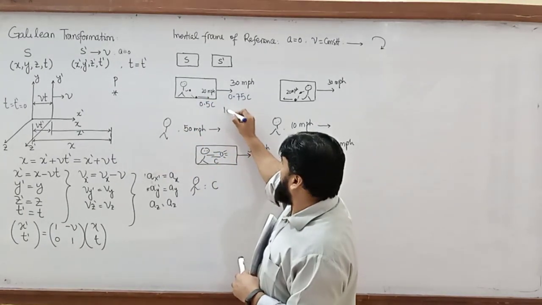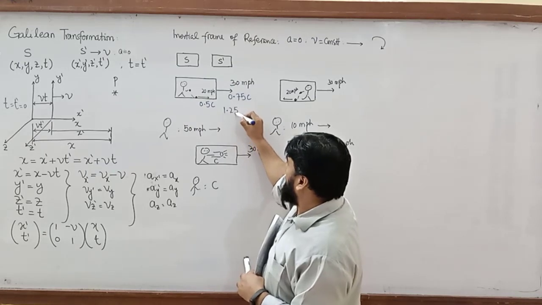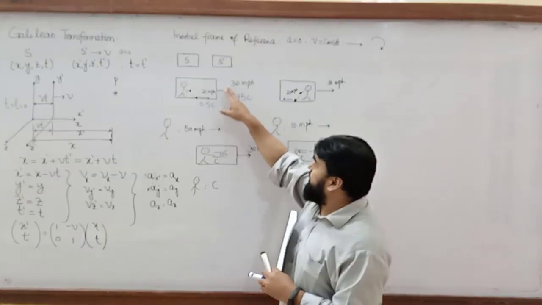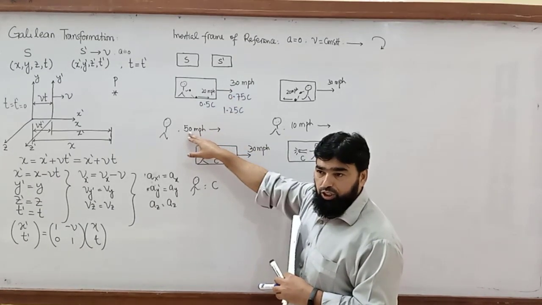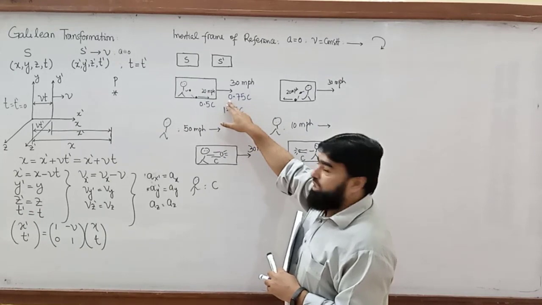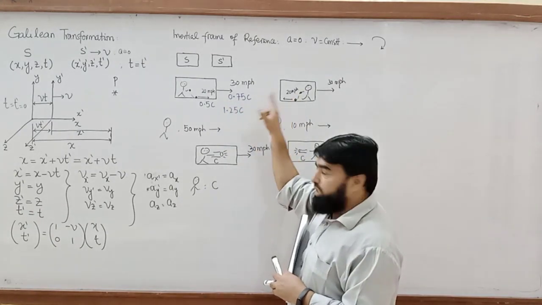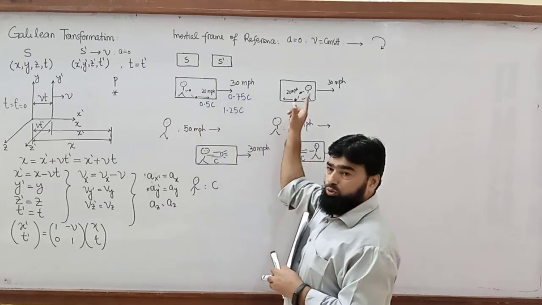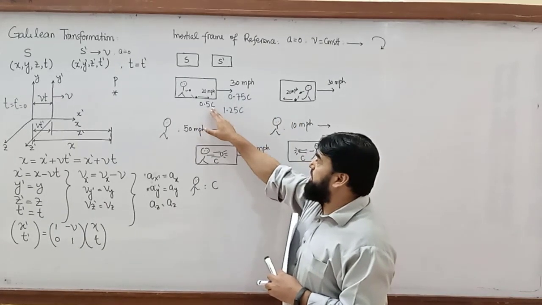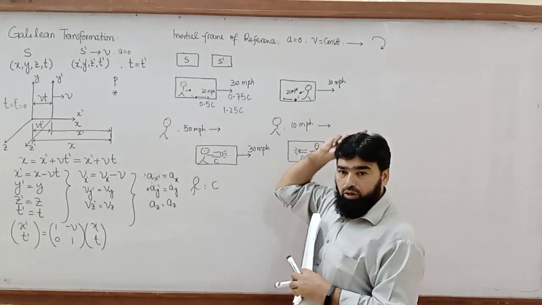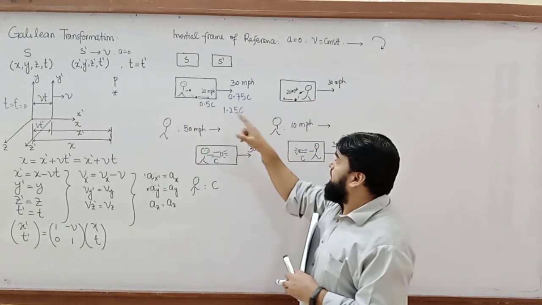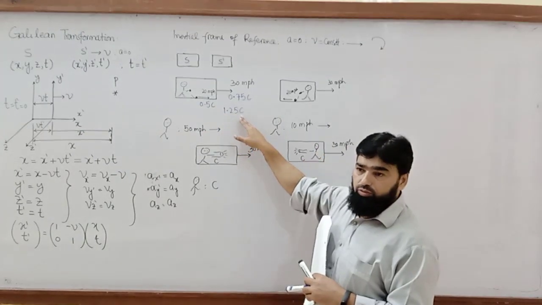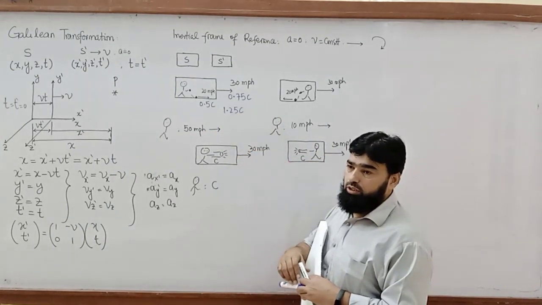It has to be 1.25 c. Because as it was becoming 50 mph, now 0.75 c the frame is going, while 0.5 c the ball is speeding up. So what will it be? The net speed will be 1.25 c, which is not possible.